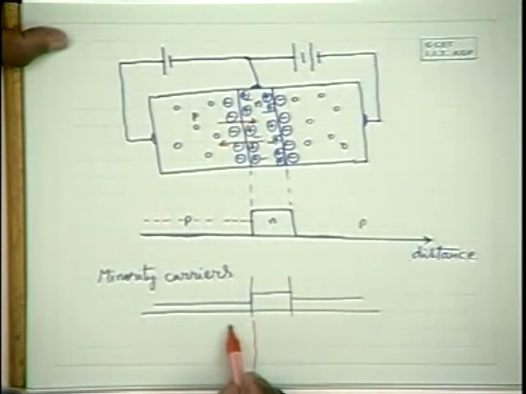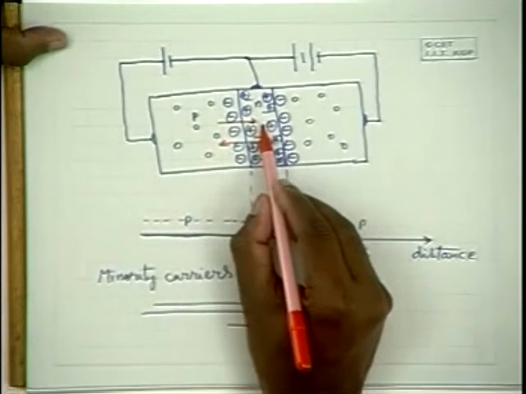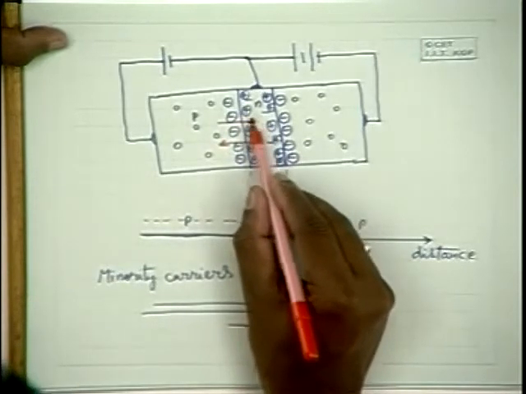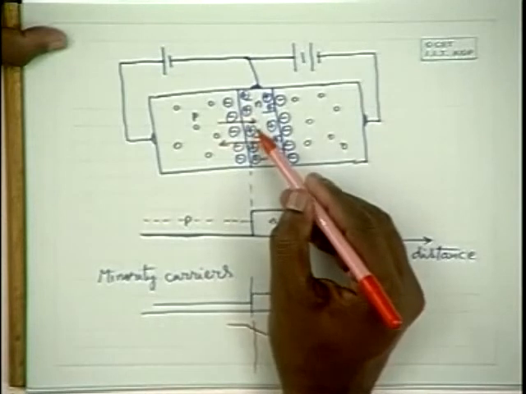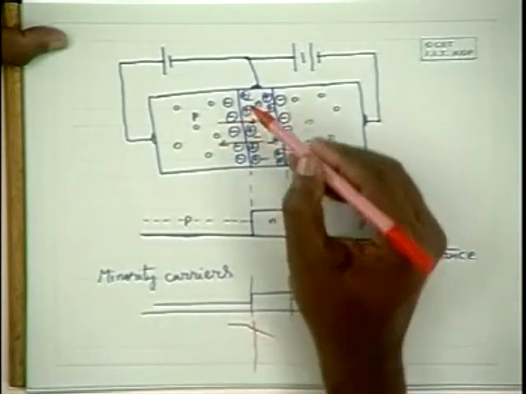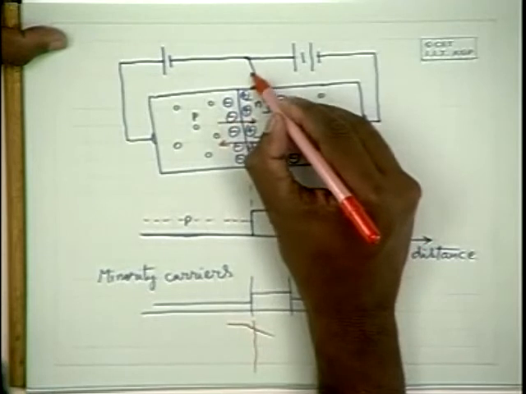Let us consider the hole diffusion. Hole diffusion is very large, and as the holes diffuse into the base side, they do recombine with the majority electrons over here, and some current flows through this side.